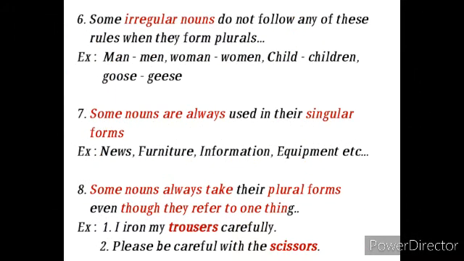Point number 6. Some irregular nouns do not follow any of these rules when they form their plurals, like how we have added S, ES or IES. So we have followed certain rules in that. But there are some irregular nouns which do not follow any of these rules to form their plurals.